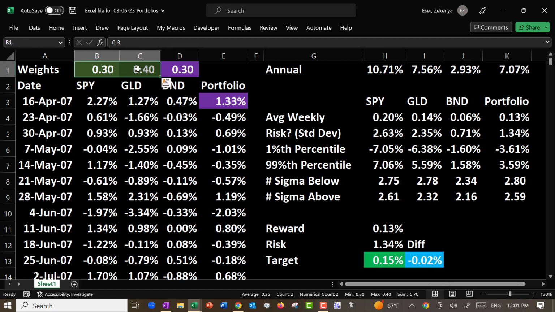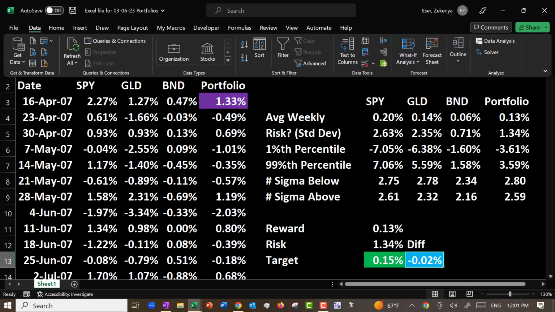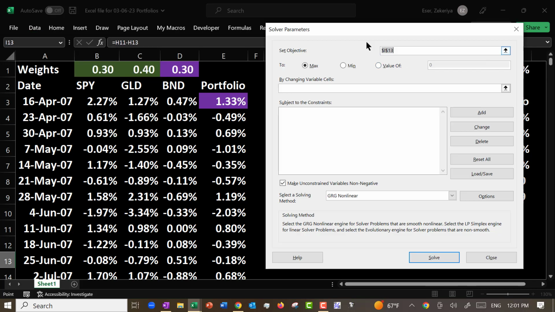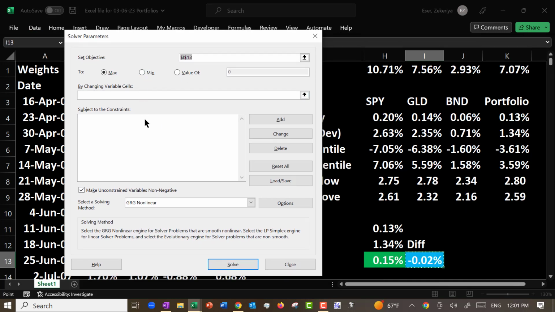It has a few things that we have to put in. The first one is the objective. My objective is the risk, okay? What do I want to do with that risk? I want to minimize it. And I'm going to do that by finding out what those free set of weights should be.